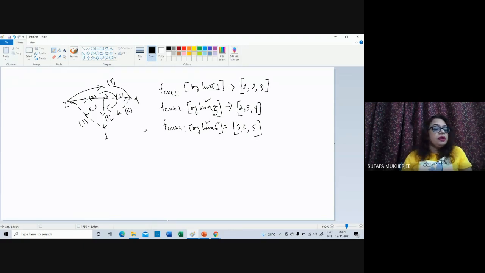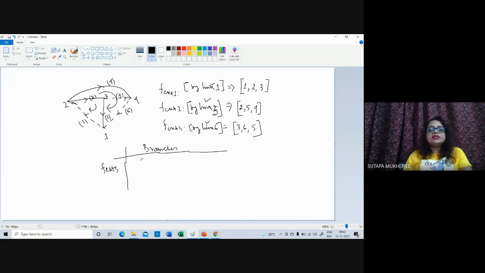Now come to the matrix. The matrix will be formed with branches along the row and fundamental circuits along the column.